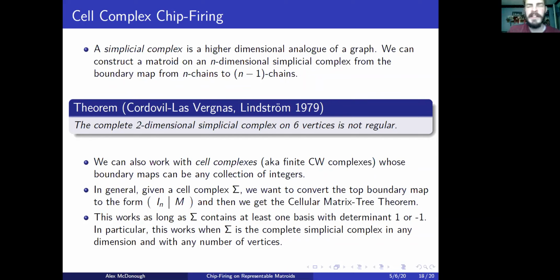Before people were even talking about chip firing, he was interested in counting the number of spanning trees with the right definition of complete simplicial complexes, and came to the result that you need to have a weighted count based on the determinants given before. He basically came up with a version of the cellular matrix tree theorem, but he was specifically focused on complete simplicial complexes.